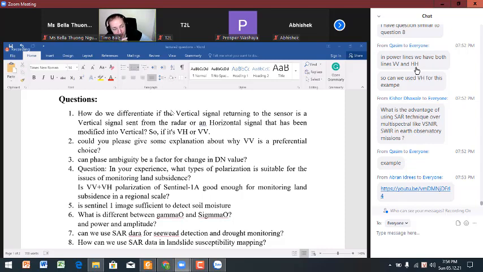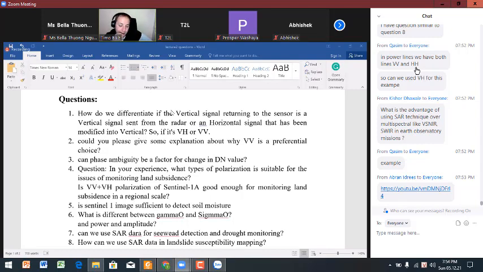VH is reacting strongly with vegetation, and when we do interferometry, we do not like vegetation. So we do not like polarizations that react strongly with vegetation. So we would typically move toward VV. However, as in many cases, for special applications, it might be different.